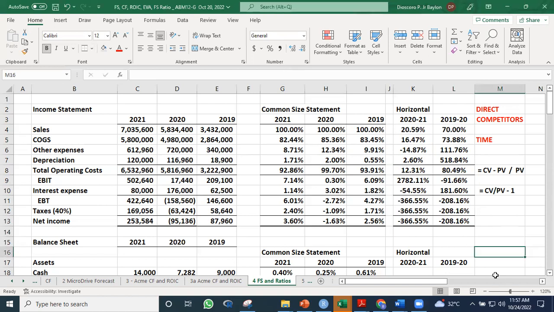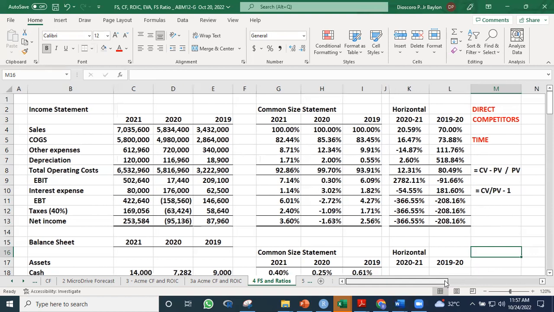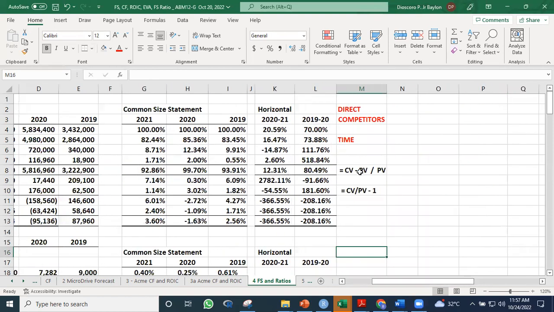Minus 1. Okay. By definition, class, ang growth rate ito. It's the current value minus the previous value divided by the previous value.